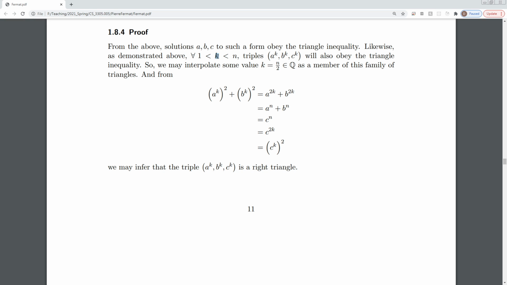Right? So if we choose k between 1 and n, then we have this triple, which represents a triangle, and because the Pythagorean identity holds, the Pythagorean theorem holds, we have that it is a right triangle. Right? So this is the triple we're going to analyze.